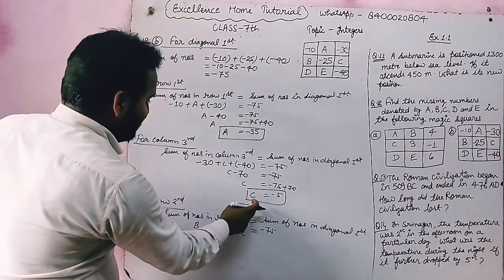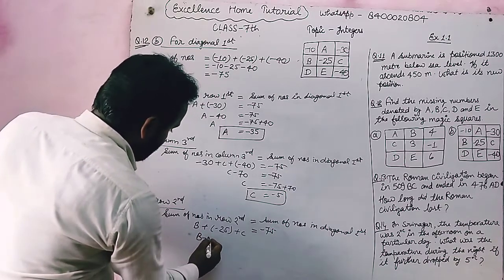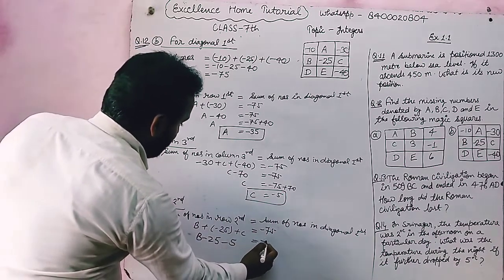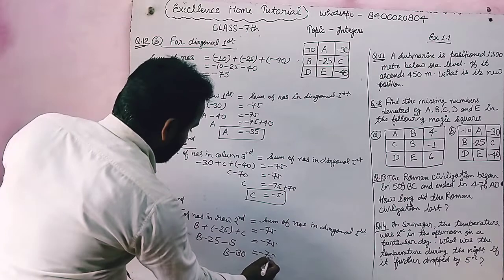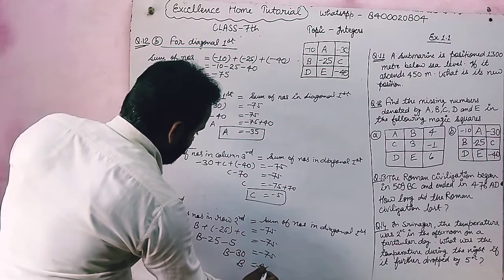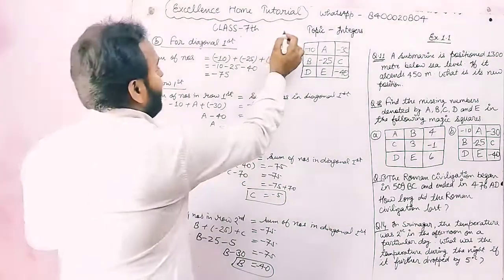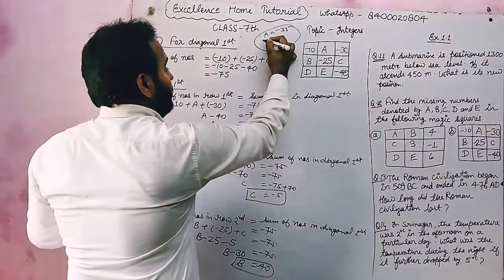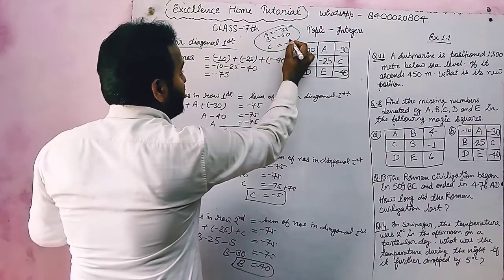In this C is given as minus 5, so let's put it: minus 25, and after multiplying the signs, plus minus, and after that minus 5, equals minus 75. This is minus 30 equals minus 75. After solving this, B is equal to minus 40. So let's write these solutions: A equals minus 35, B equals minus 40, C equals minus 5.